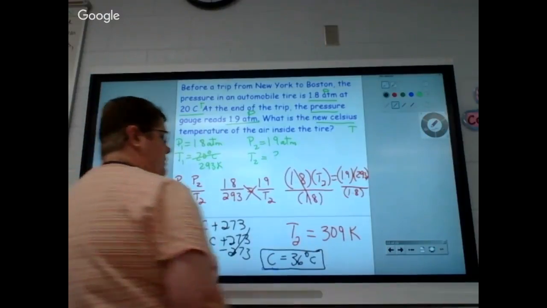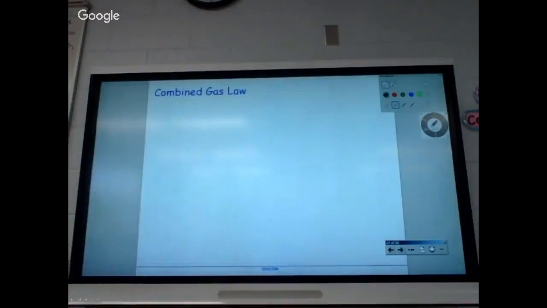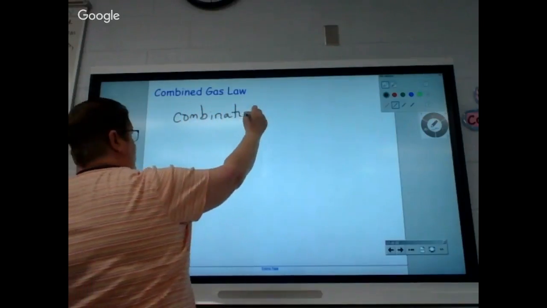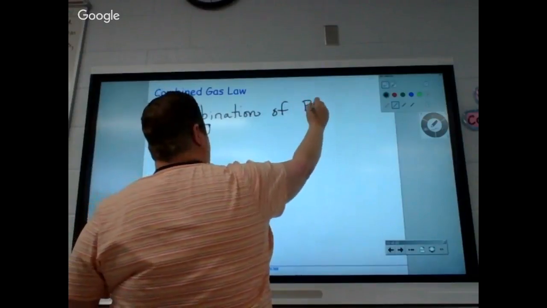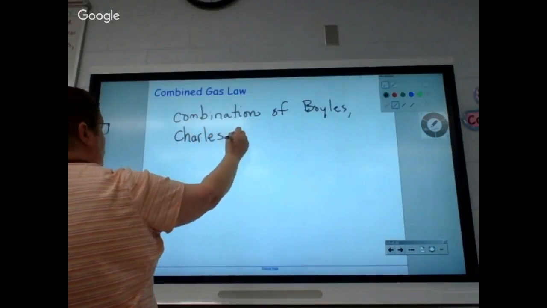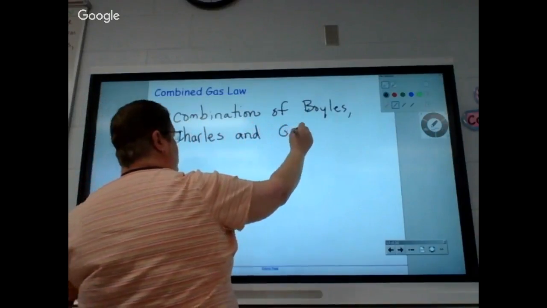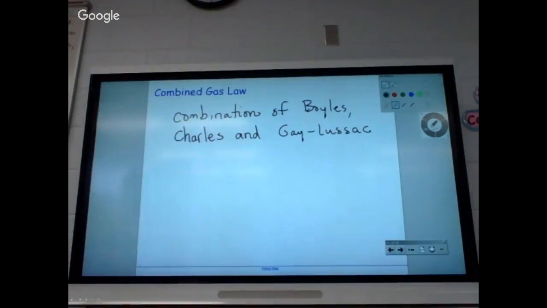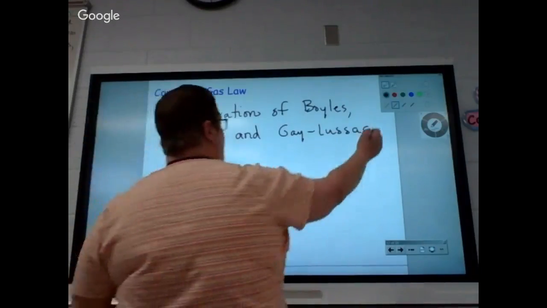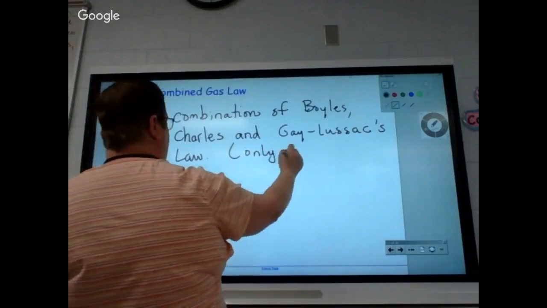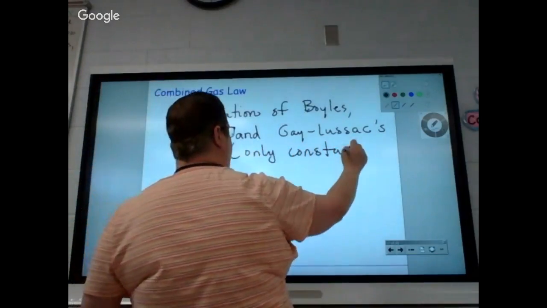The last law is the combined gas law. All of this is a combination of Boyle's, Charles's, and Gay-Lussac's law. The only constant is what?